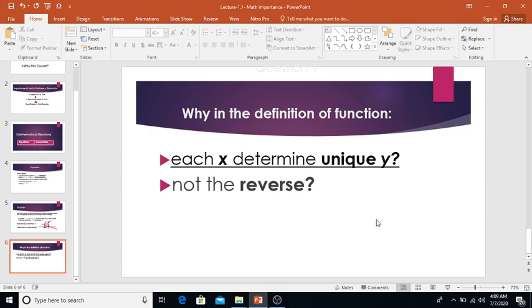What do you think? Why is this concept so important? This is definition, but we can also ask why this one.